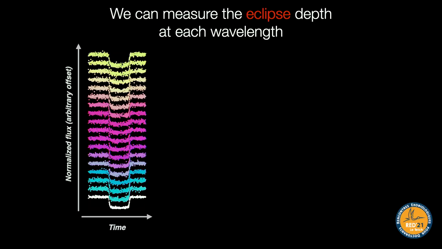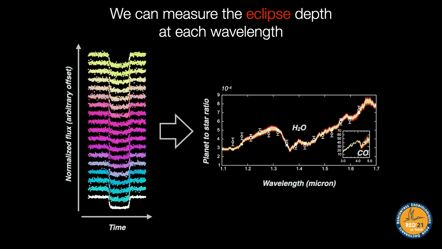And when we compute the depth of each of these transits at different wavelengths, we can infer this. So this is a spectrum that tells you basically the planet-to-star flux ratio, but as a function of wavelength. And here we have a spectrum which is just like what we had for a planet in the solar system, except that, of course, it's integrated over the whole planet.